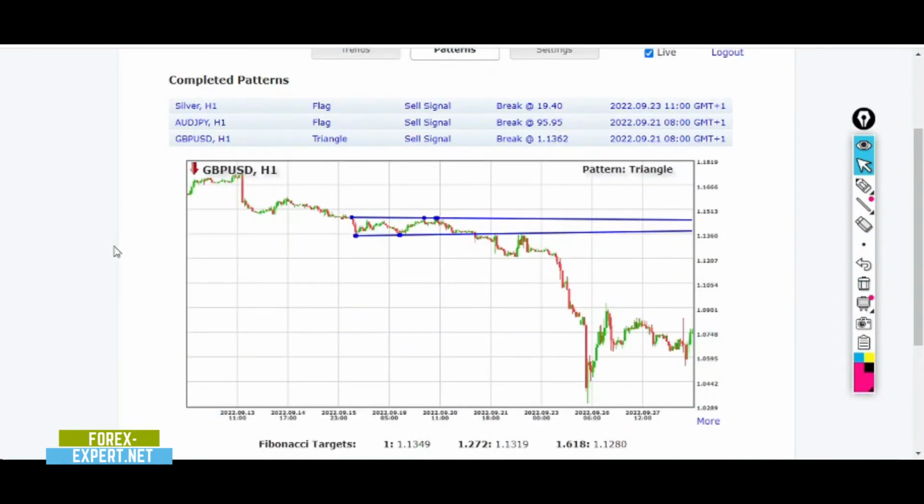Let's jump to the British Pound USD. We have a triangle sell signal break at 1362. Again, here we got fundamental analysis coming in to support us because the latest monetary policies of the Bank of England just pushed the pound to its lowest rates.